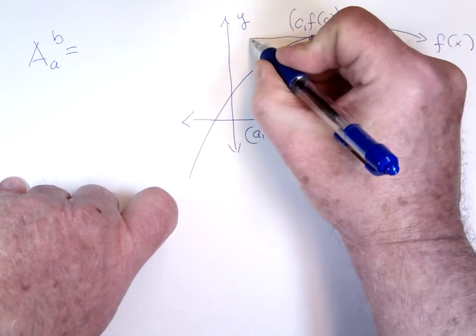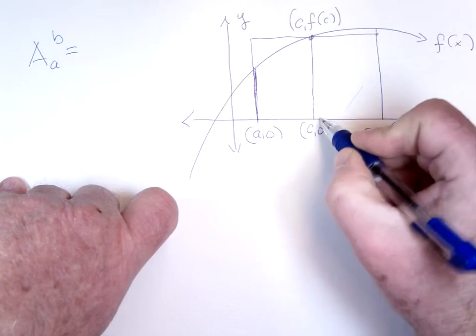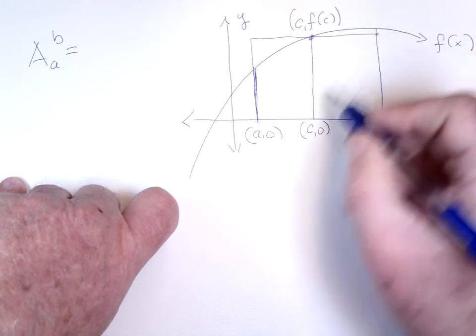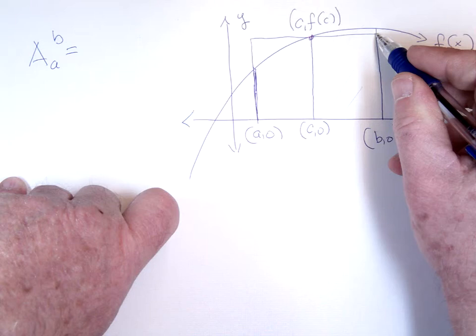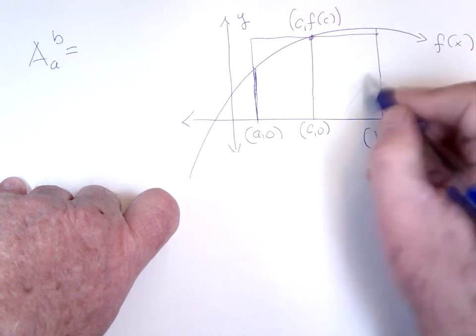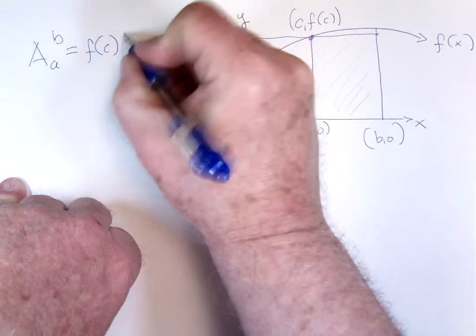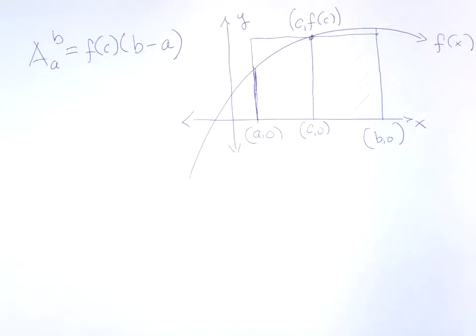What it's saying is, somewhere in this interval, there's a C where the area under the curve from here to here is exactly equal to the area of this rectangle. That's what it's saying. f of C times B minus A. That value, f of C, is called the average value of the function.